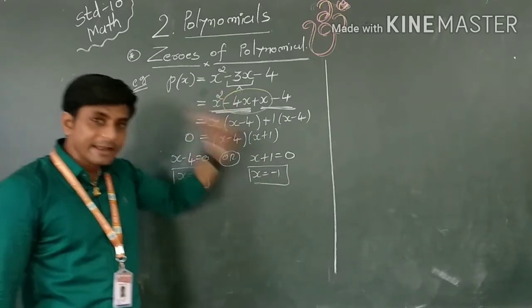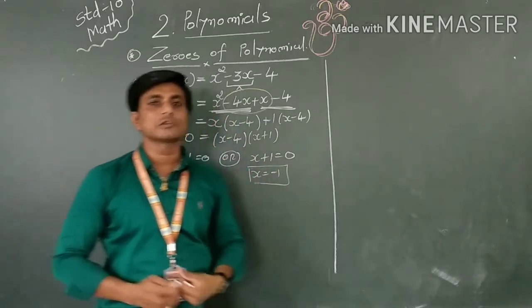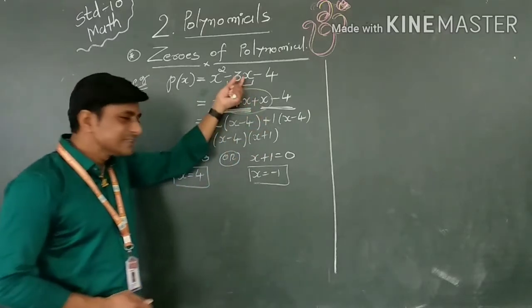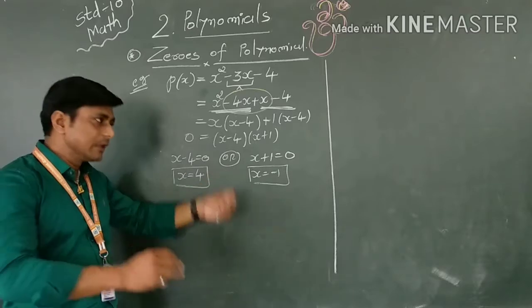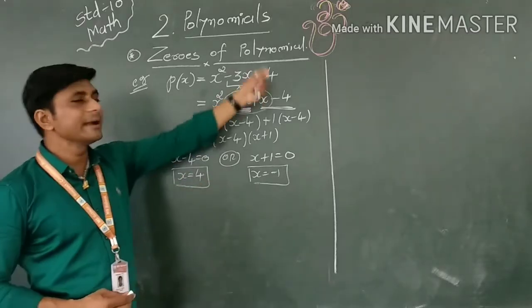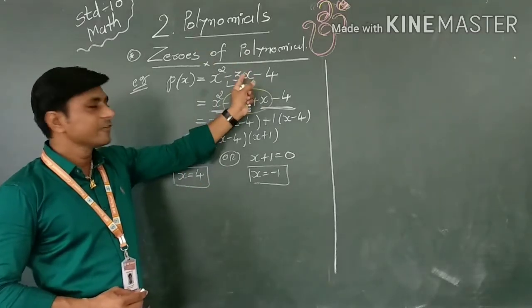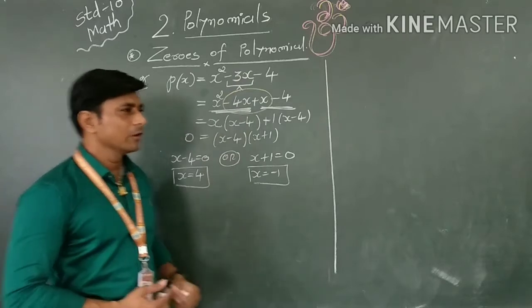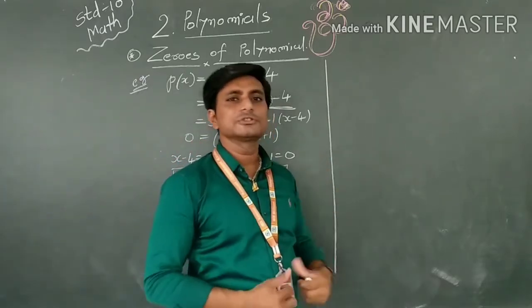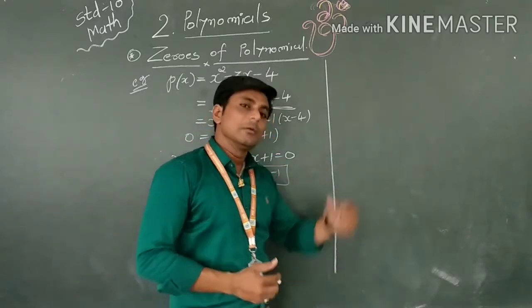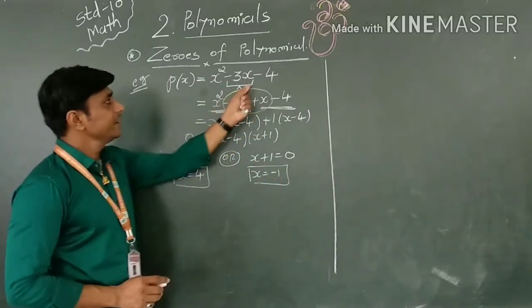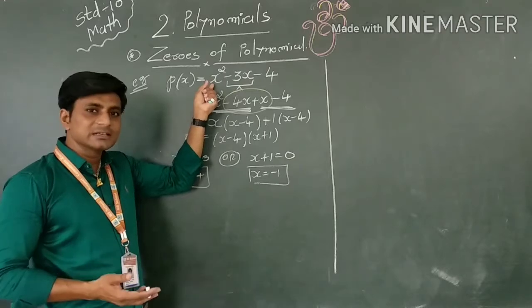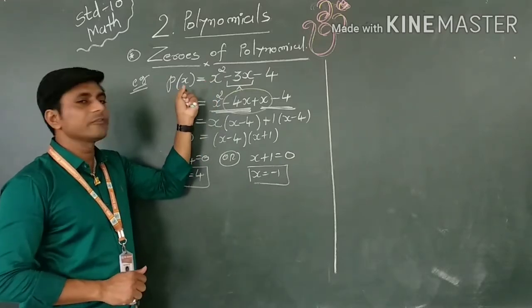We have many methods to find the zeros of a polynomial. This is the algebraic meaning, the algebraic method. Now we see the geometrical meaning of this polynomial. If you want to find a zero by the geometrical method, that means by using a graph, then we take some values of x and find the corresponding values of y.